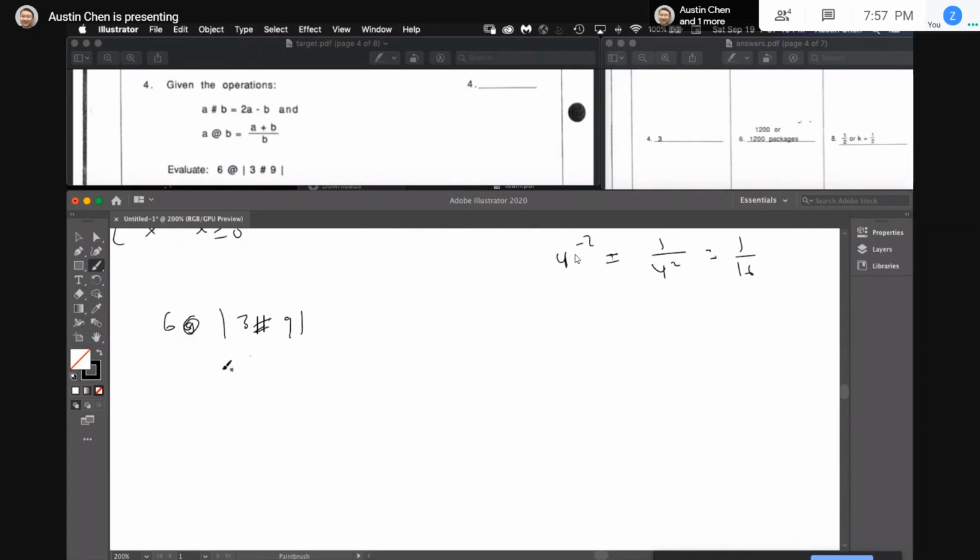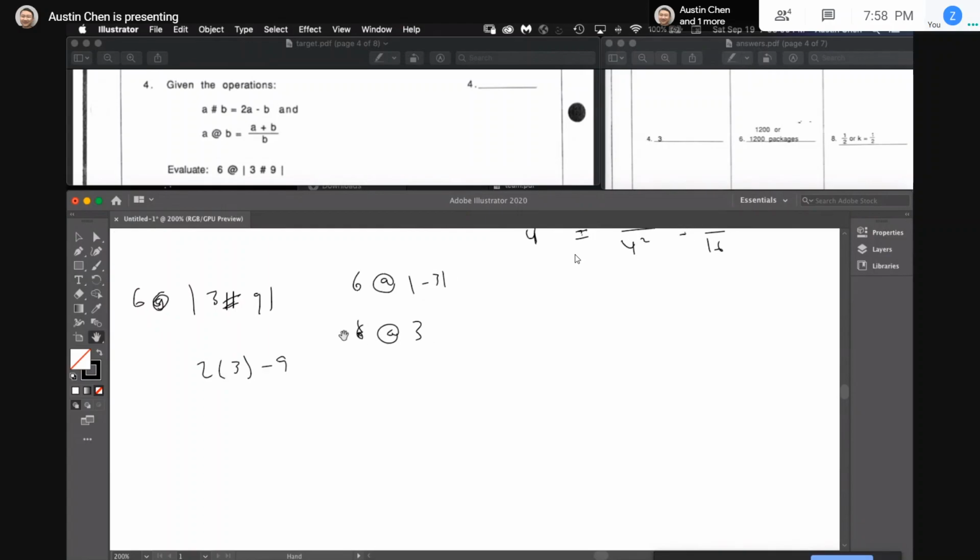So 3 hashtag 9 is going to be 2 times 3 minus 9. And that is just 6 minus 9, negative 3. So now we have 6 at absolute value of negative 3. Well, absolute value of negative 3, that's 3. You're just taking the positive value of it. So we have 6 at 3.